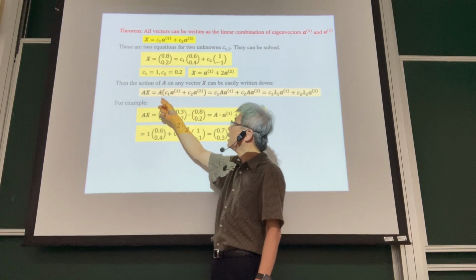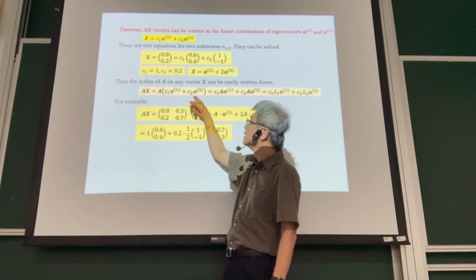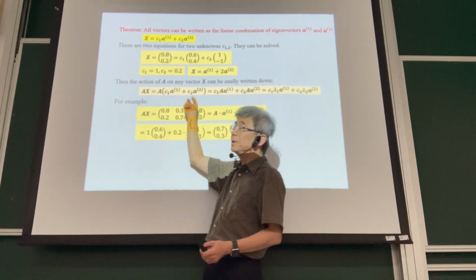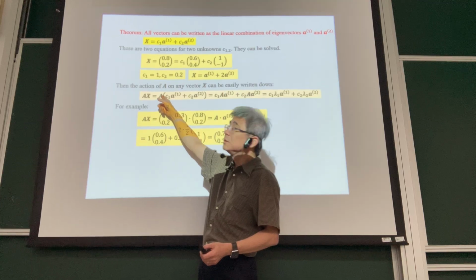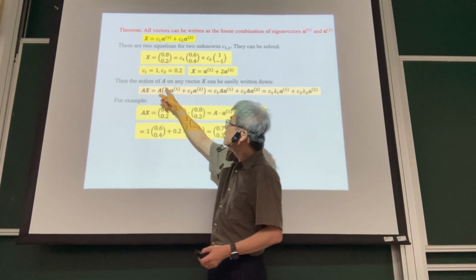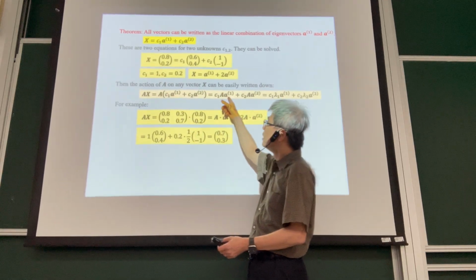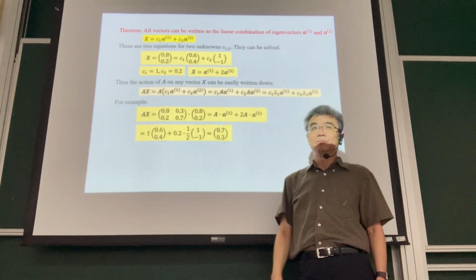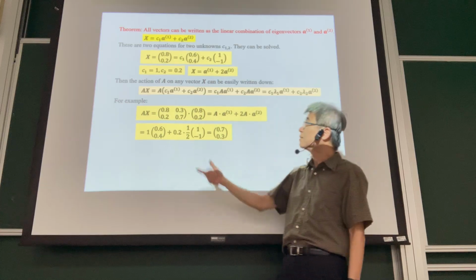So it is A times this plus this. But according to the distributive law, it could be written as A times A1 plus A times A2, and then add them up. That's a basic idea of a linear operation.